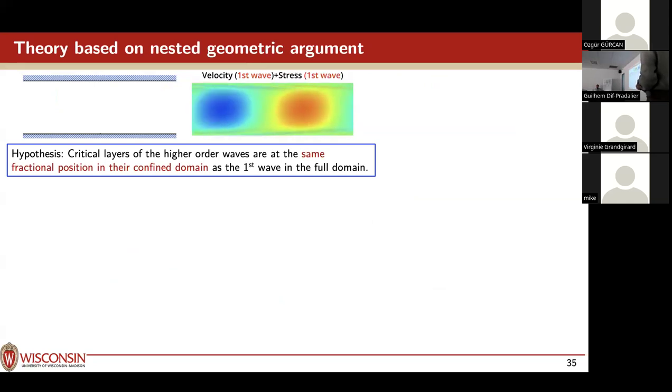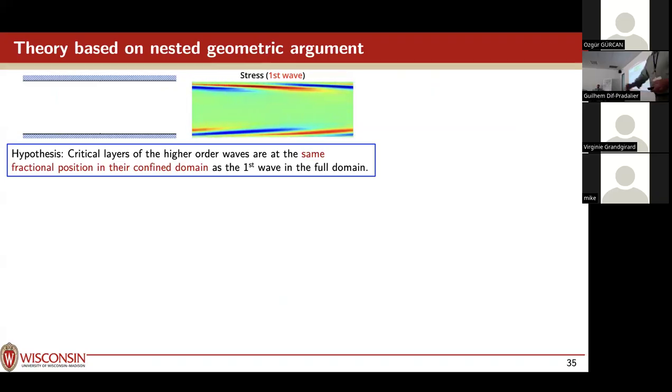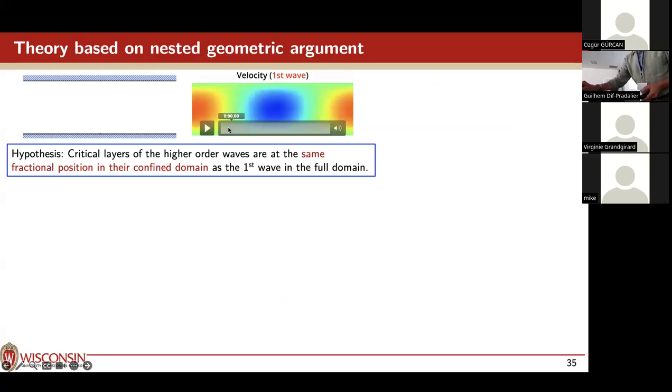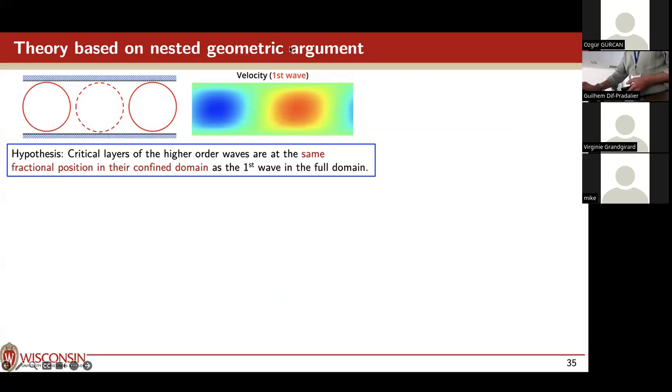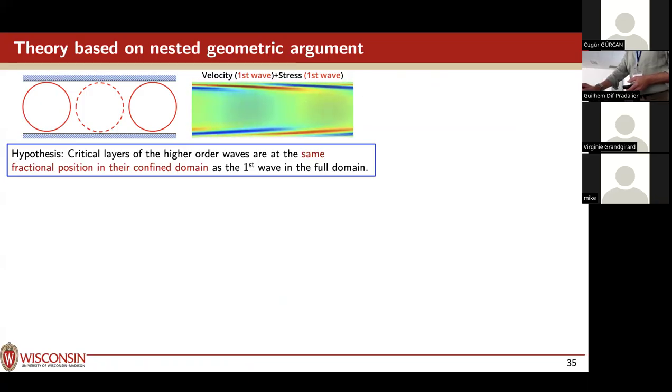So let me just show this movie. Let's just describe this. This is the velocity fluctuations from the first peak. Now I'm adding the stress fluctuations from the first peak, and letting the velocities float away. Now the velocity fluctuation from the second peak.